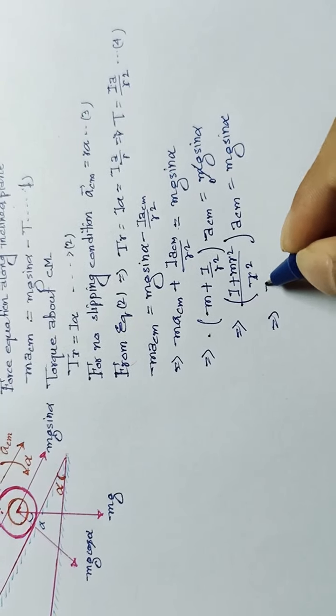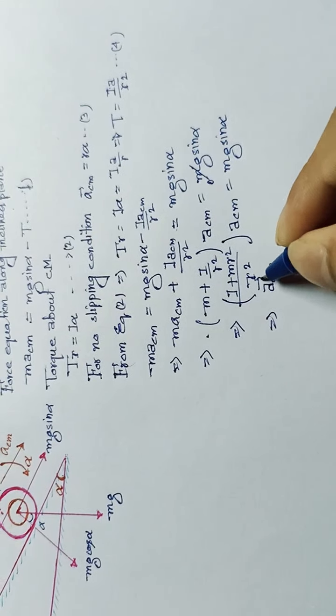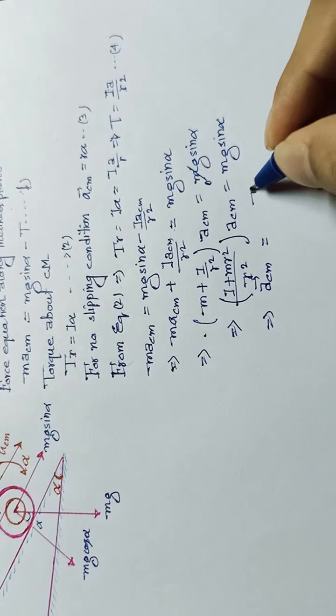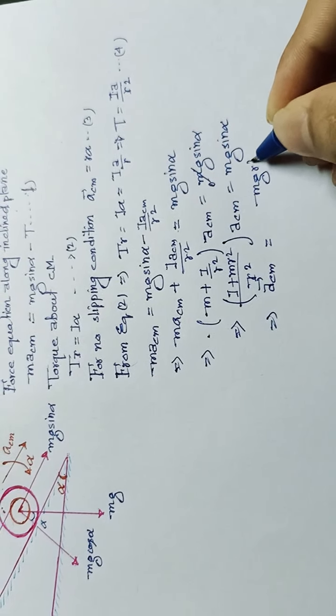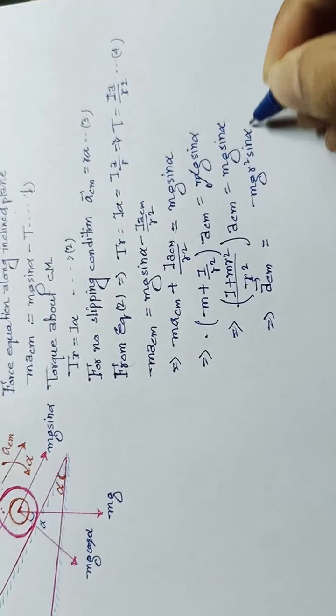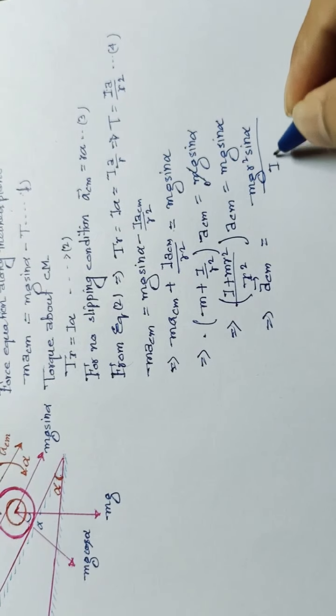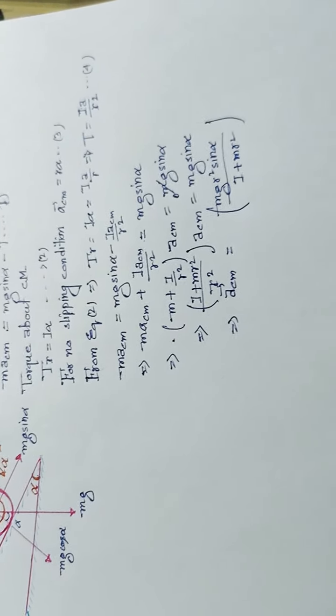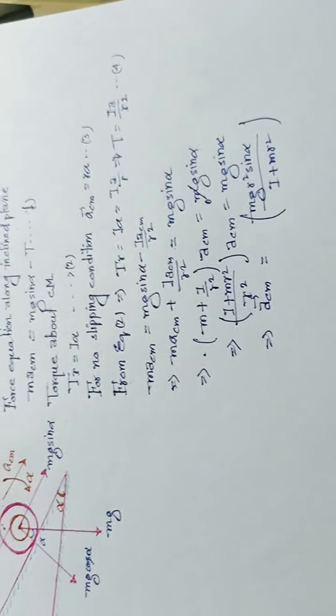Now our acceleration of center of mass becomes mg R square sin alpha divided by I plus m R square. So this is our acceleration of the center of mass of the system.